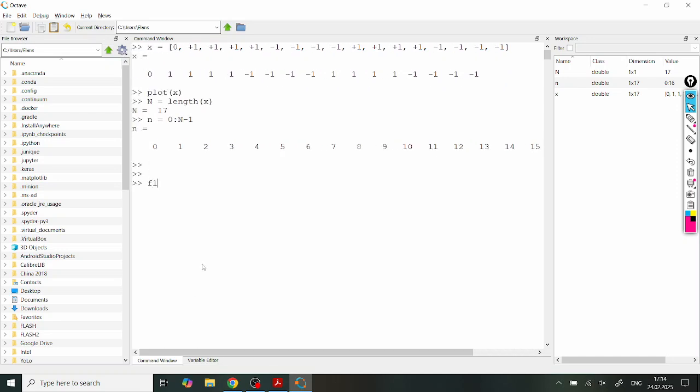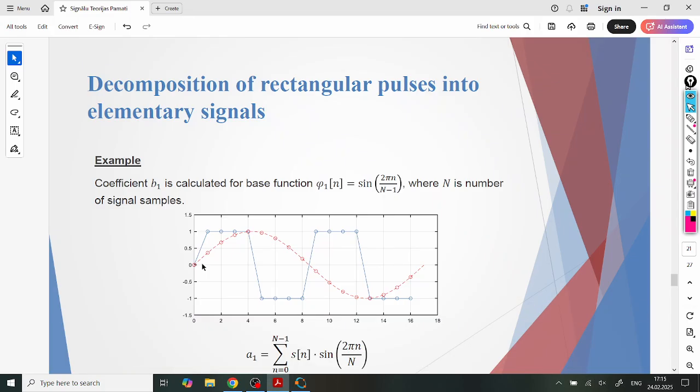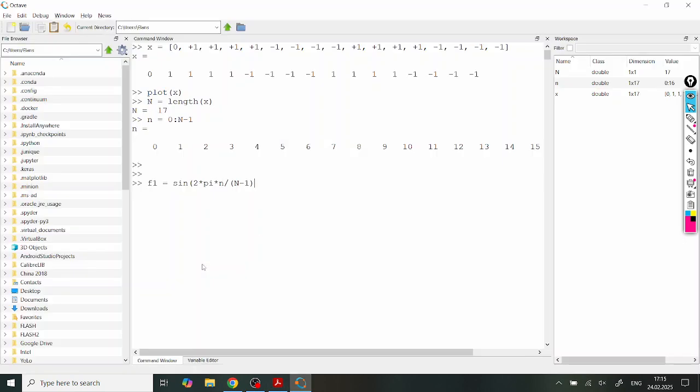And now I can create a function f1, which is a sine wave of 2π multiplied by n divided by n minus 1, like it says here, which again I can plot. So plot x, hold on, plot f1, hold on.